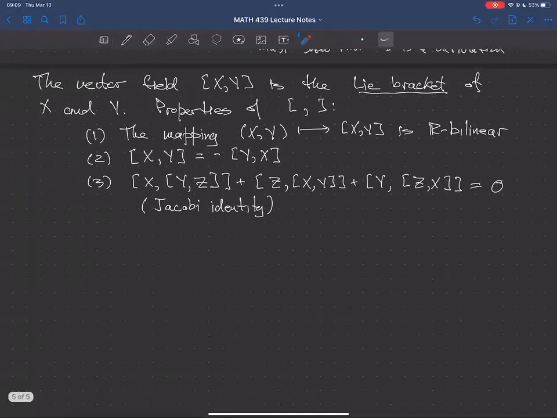So last lecture we saw differential equations and vector fields. This time we have the algebraic structure of vector fields. There's a very deep connection between those two things, which I will now describe to you.